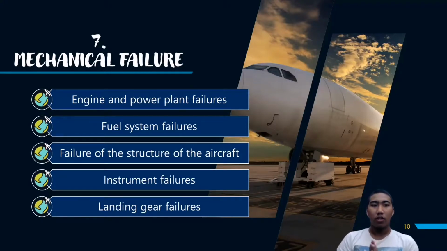Okay, the fifth is instrument failures. The instruments of an aircraft relay critical information to the pilot and flight crew. Errors in looking at the instruments, such as a failure to check speed, elevation, fuel and oil levels, and many more, are common issues in aviation accidents. Failures and malfunctions of the instruments themselves may be a factor as well.